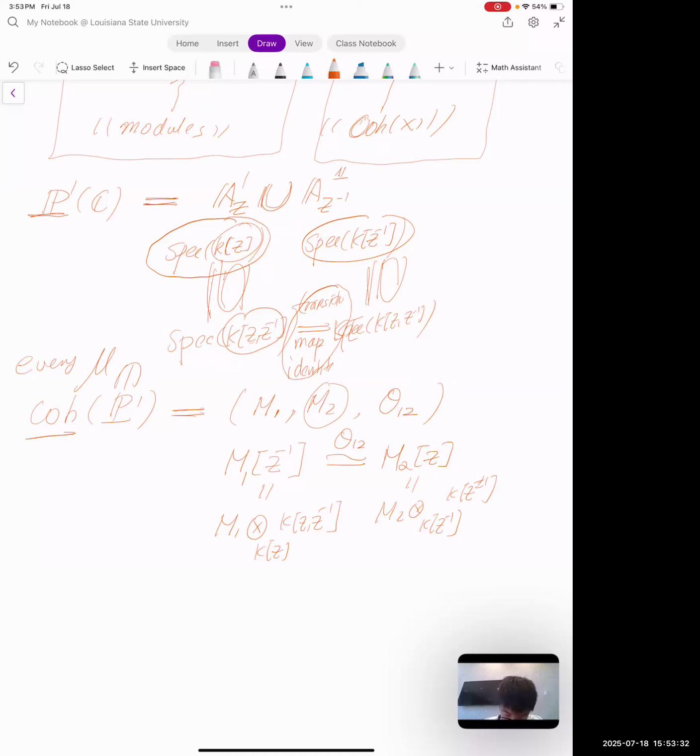And coherent just means that M1 is finitely generated and M2 is finitely generated.